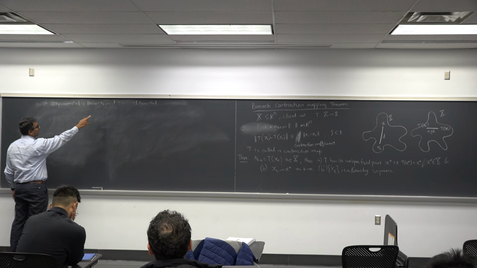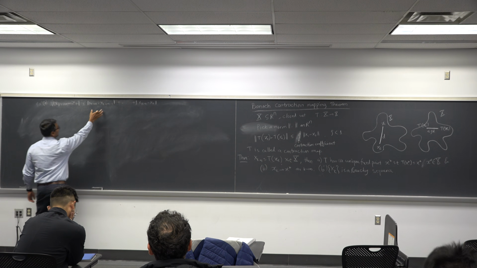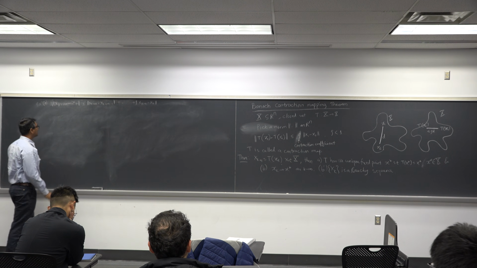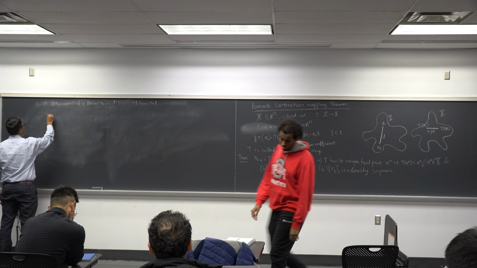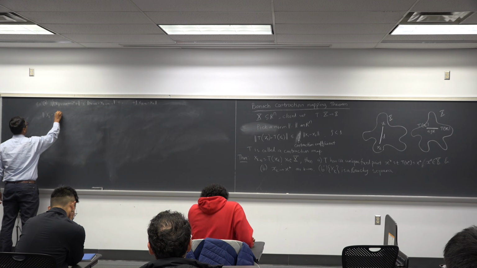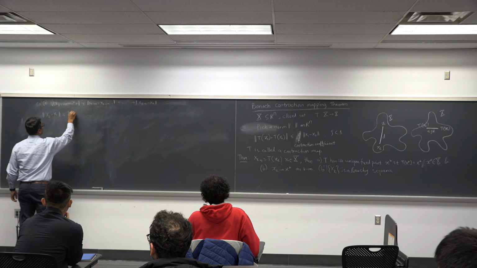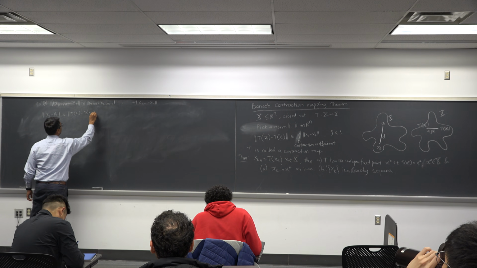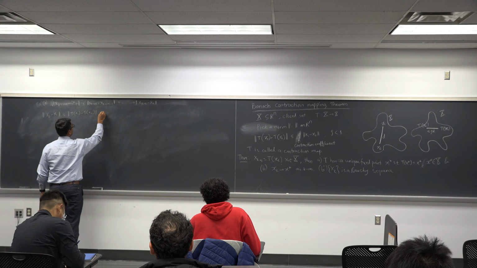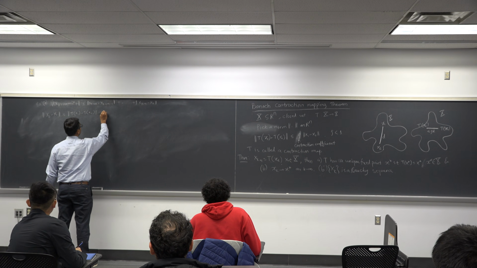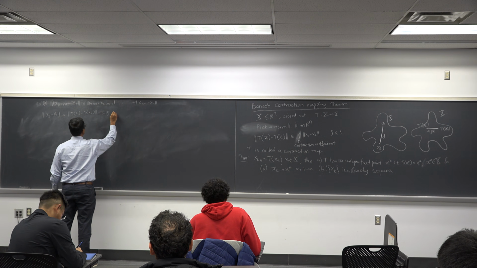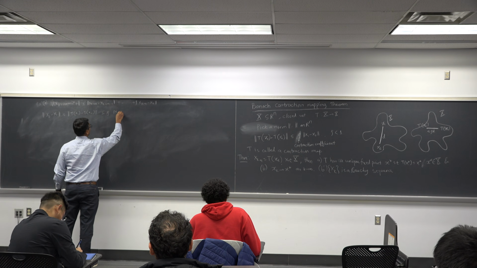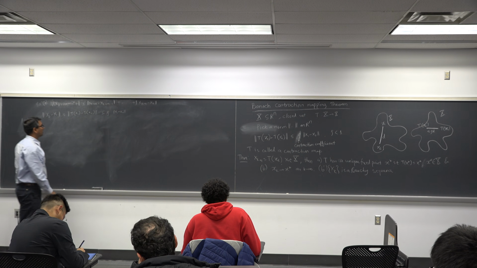Now, there is a recurring theme here. We are looking at the difference between successive iterates. So let's look at what x2 minus x1 looks like. This is T of x1 minus T of x0, which is less than or equal to rho times x1 minus x0.